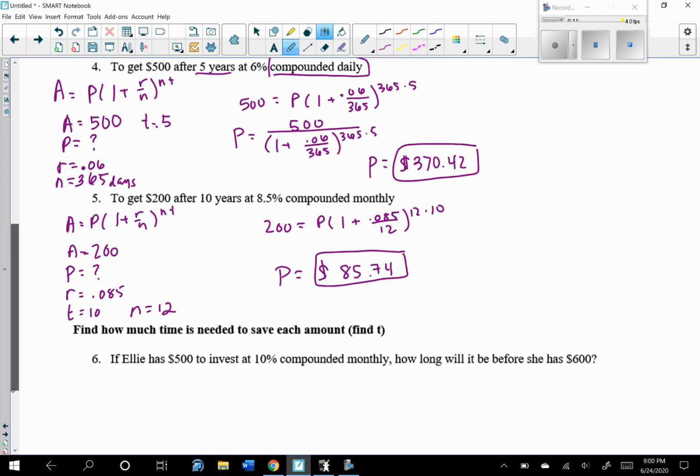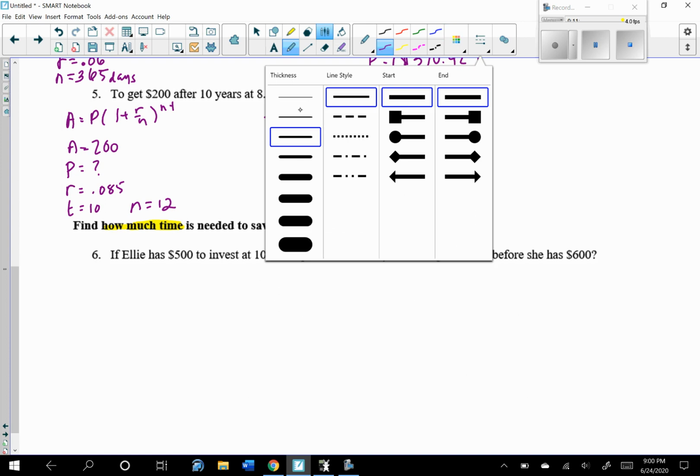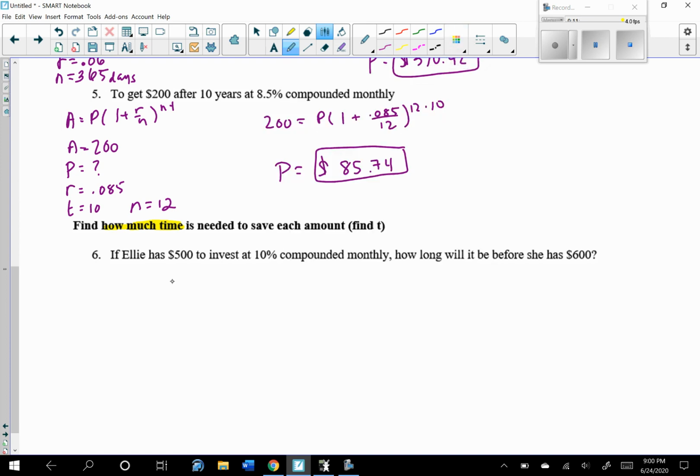So now the next question says, find how much time is needed to save each amount. So now we're looking to solve for time. If Ellie has $500 to invest at 10% compounded monthly, how long before she has $600? So again, just practice writing down your formula.